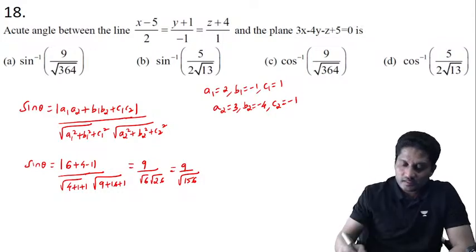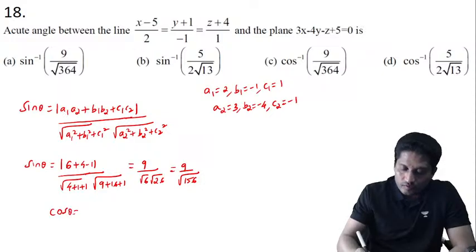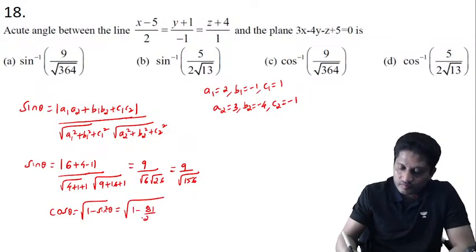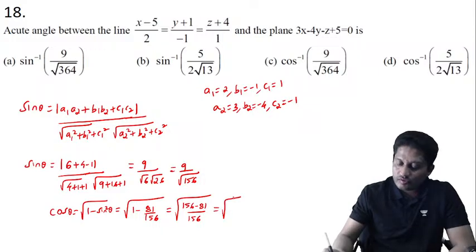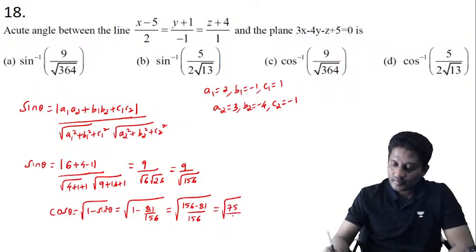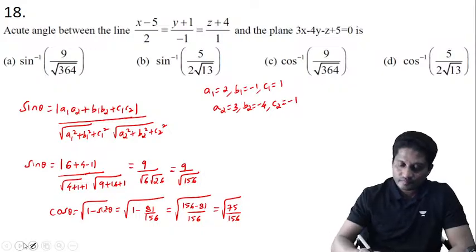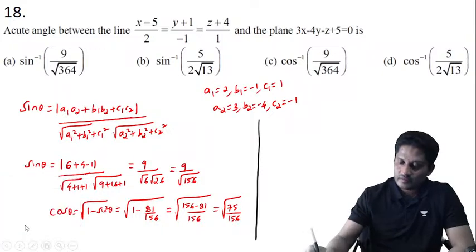Alright, there's no option like this. Cos theta is equal to root of 1 minus sin square. This is root of 1 minus 81 by 156, which is equal to root of (156 minus 81) by 156. This is root of 75 divided by 156. 75 can be written as 5 root 3, right?